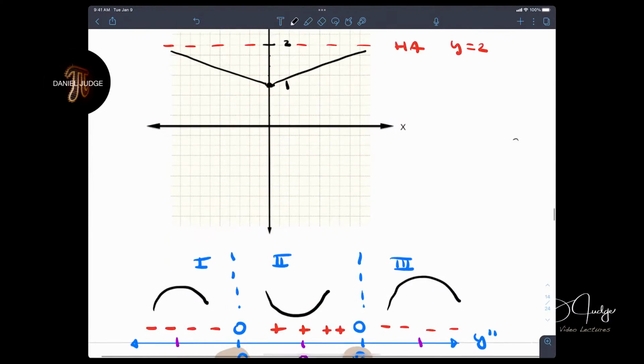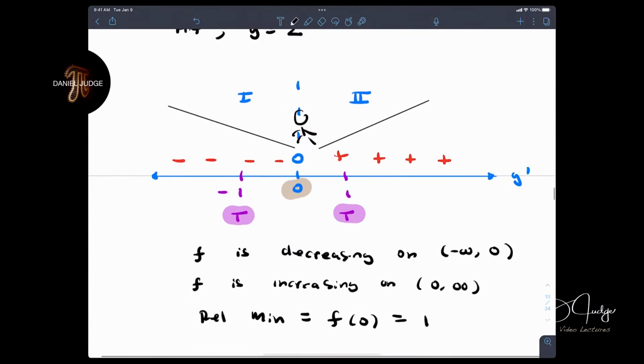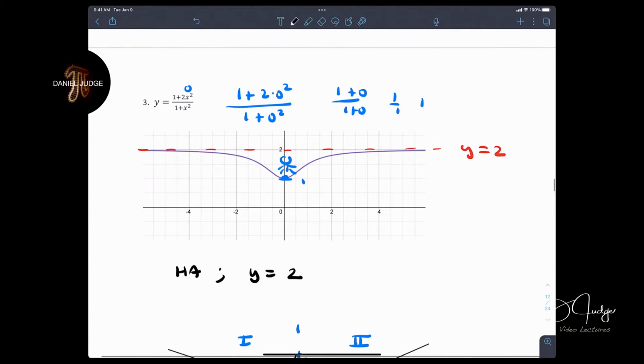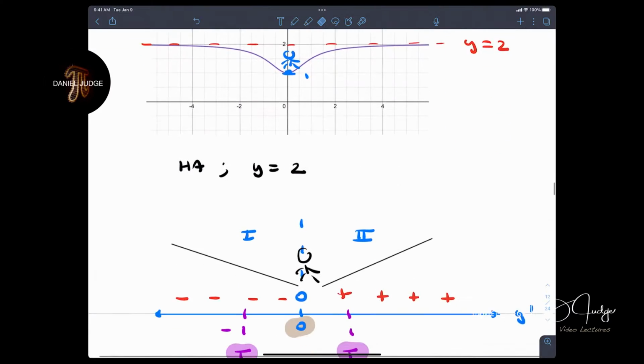Now your function over here is what you see. One plus 2x squared over 1 plus x squared.